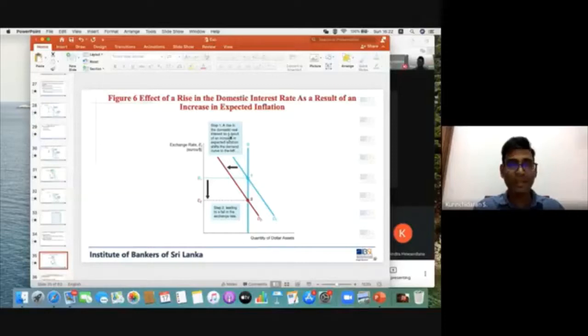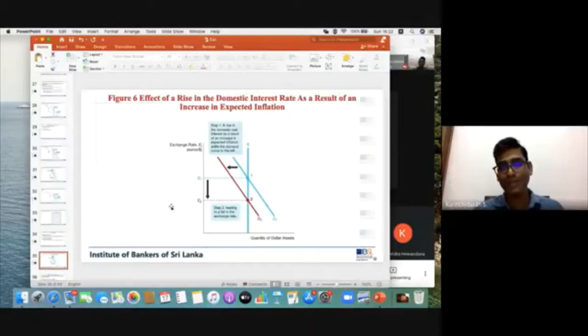clear? Okay. Now, step one: a rise in the domestic real interest rate as a result of the increase in expected inflation shifts the demand curve to the left. Step two: leading to a fall in the exchange rate. Clear? Right. I just want to remind you, we are comparing USD and euro, Europe and America.